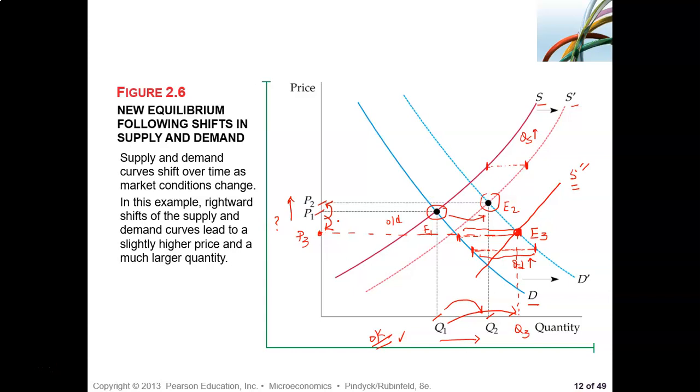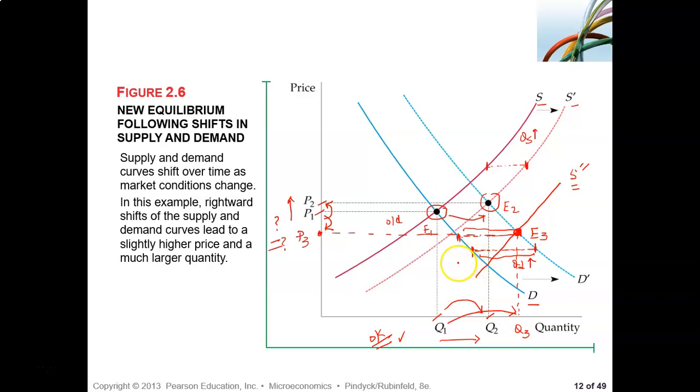In both cases, from S to S prime or S to S double prime, you see quantity increases, but price will behave in a different way. So what happens to price really depends on the size of the shift of the demand and supply curve.